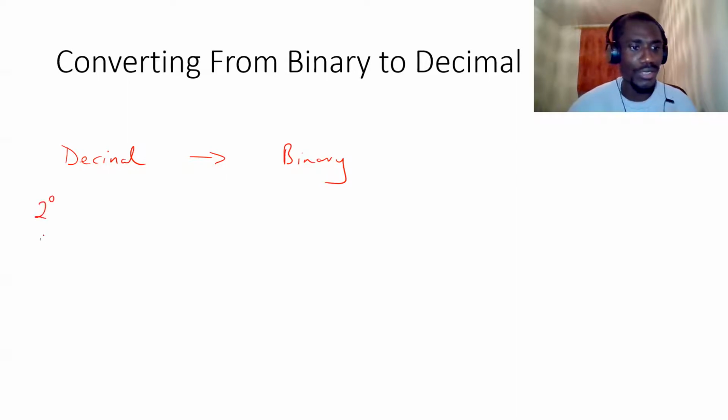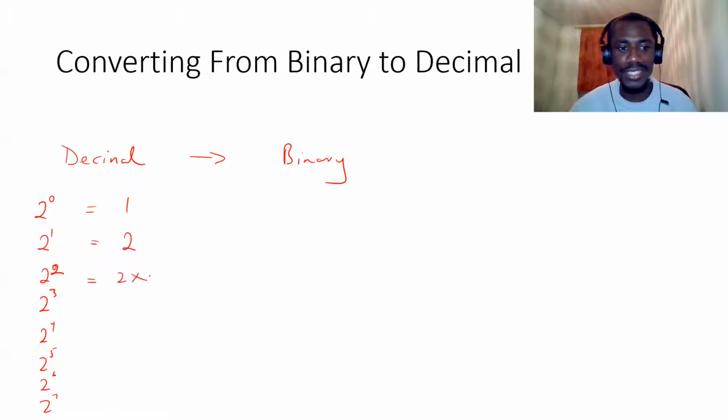Going back to our old example, we start with 2 power 0, 2 power 1, 2 power 2, 2 power 3, 4, 5, 6, and 7. We mentioned that 2 power 0 will always be 1, 2 power 1 will always be 2, 2 power 2 is 2 times that, which is 4, and 2 power 3 is 2 times 2 times 2, giving us 8.